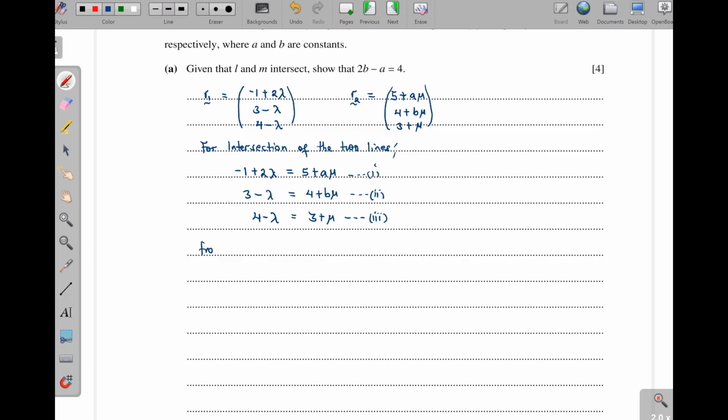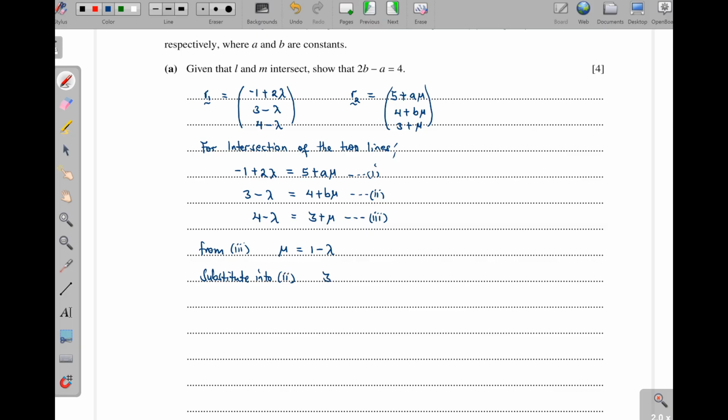So I can say from equation 3, this mu shall be equal to, bring this one here, so it will be 4 minus 3, that is a 1, then minus the lambda. Then we can substitute into equation 2.